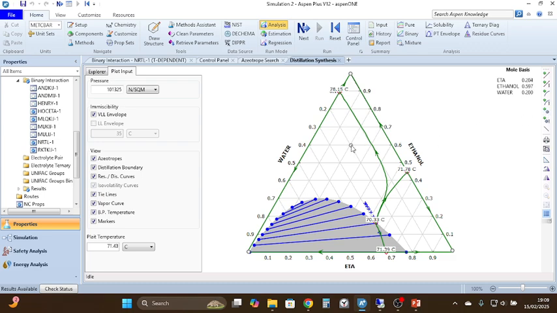If I add a marker, it is going to give me the concentration of that particular point. So what is the concentration of this particular point? Ethyl acetate we have 0.2%, ethanol we have 0.6%, and water we have 0.2%. Fine. So this is how we read the graph.